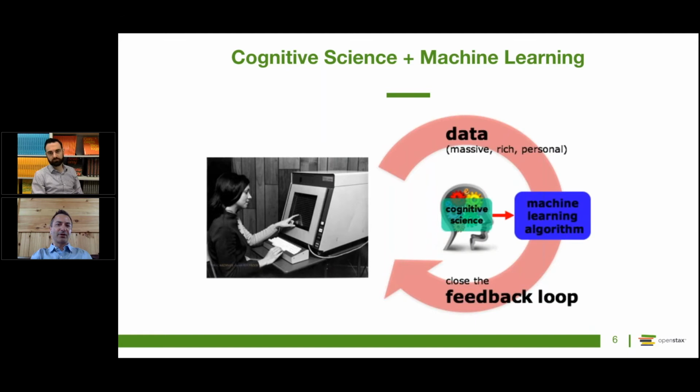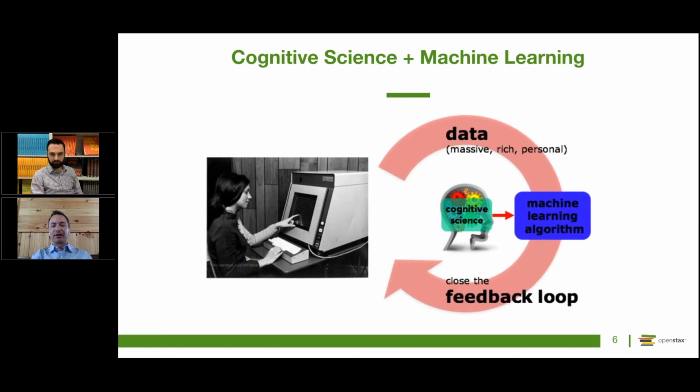And so you can think of the Tutor tool as, on the one hand, acquiring data from students as they go through their various learning activities, analyzing that data using machine learning algorithms that are informed by cognitive science principles, and then those machine learning algorithms are creating predictions.